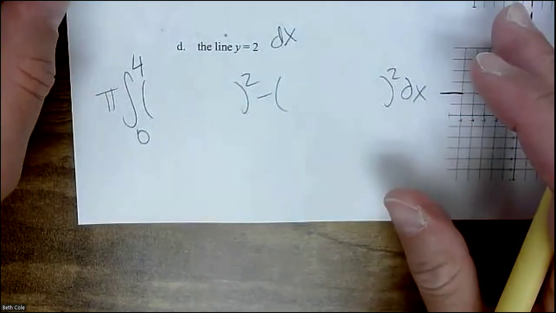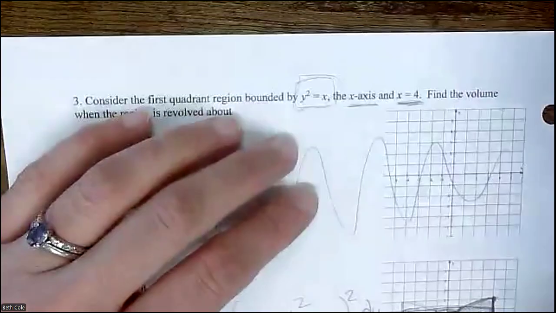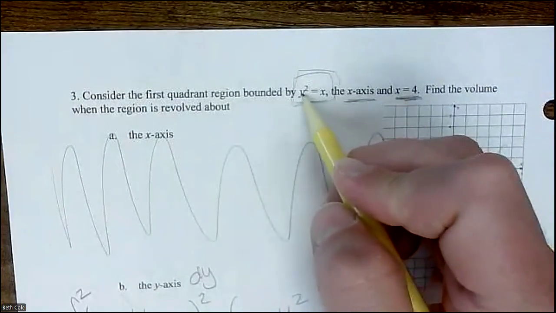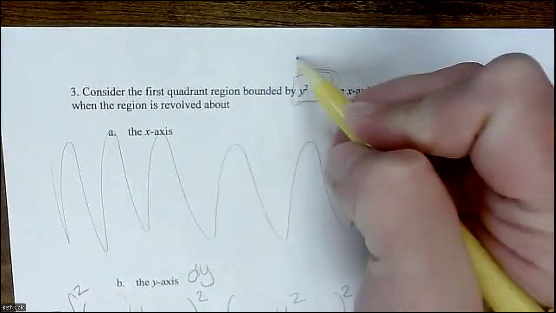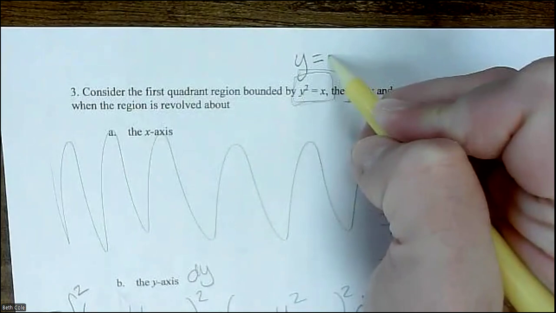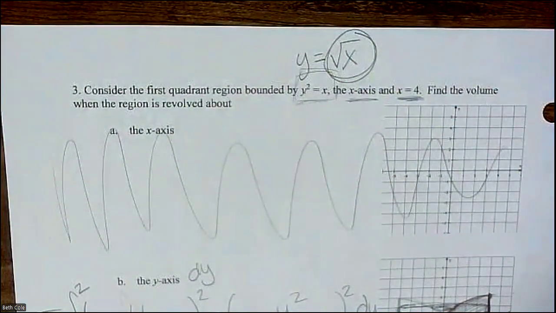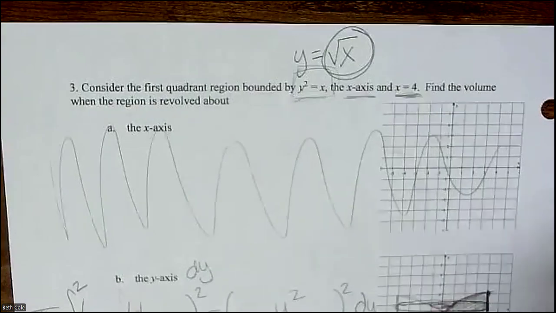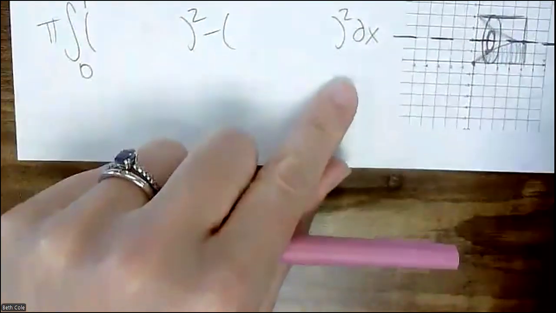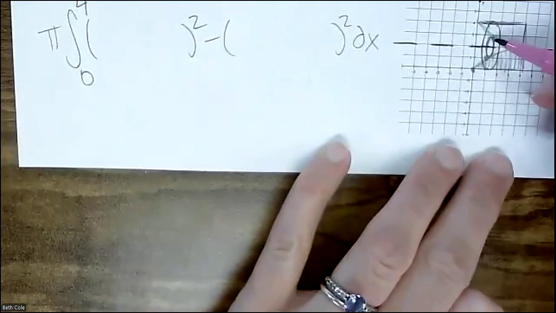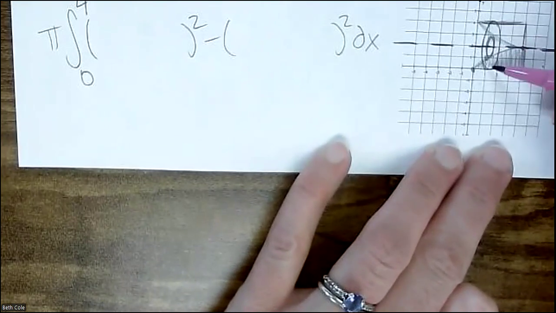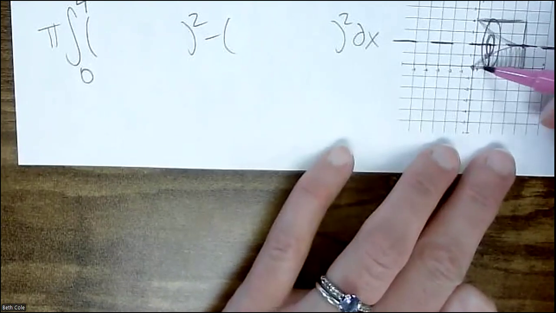Now let's go back and rearrange that equation all the way back to the beginning here. I need to get y by itself. Yeah, so square root of x is our equation, square root of x. So this time it's going to be upper minus lower. Don't use the ghost shape, use the one that's actually there. Oh, actually, that's just how far to get to the outside.